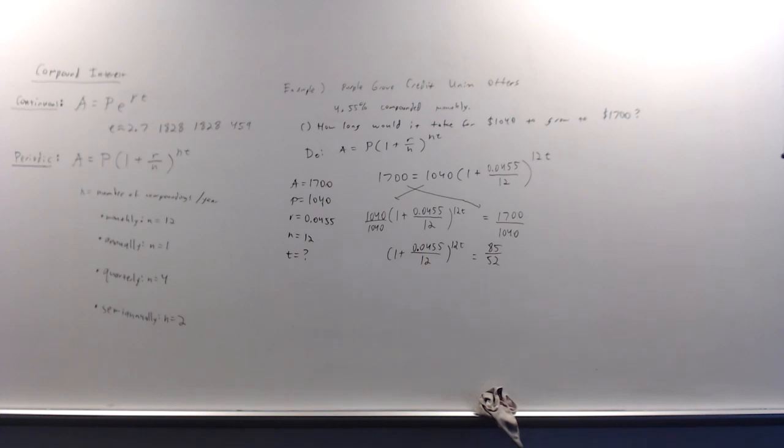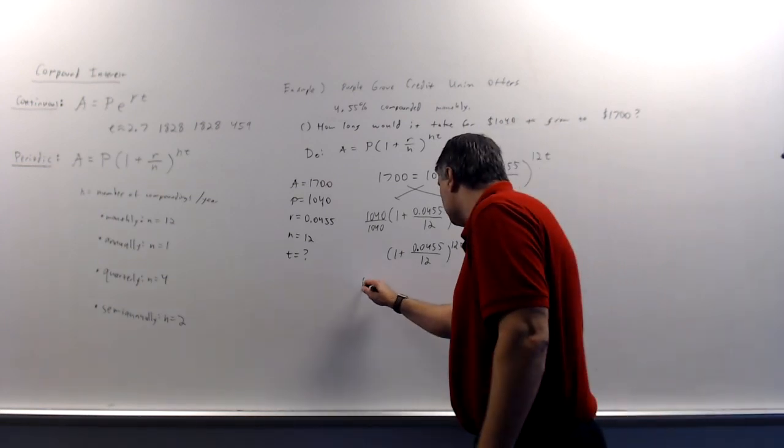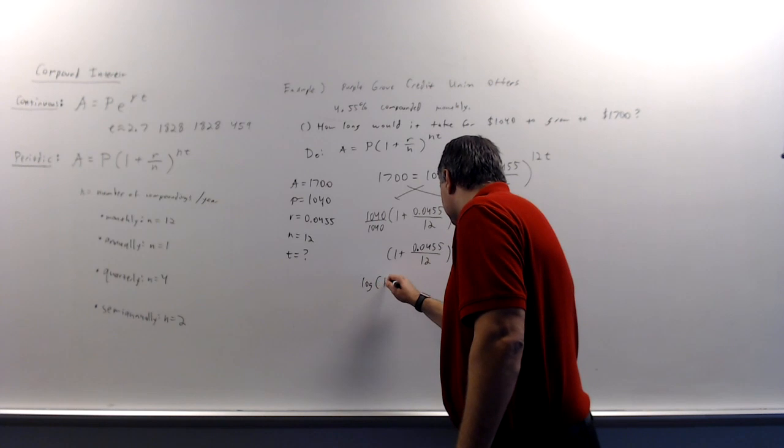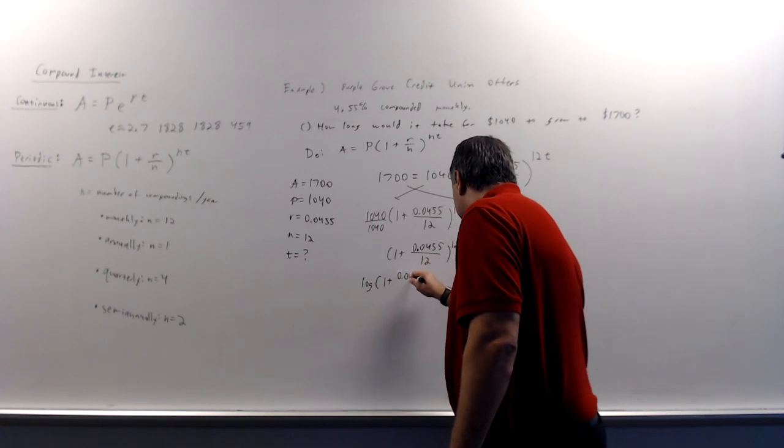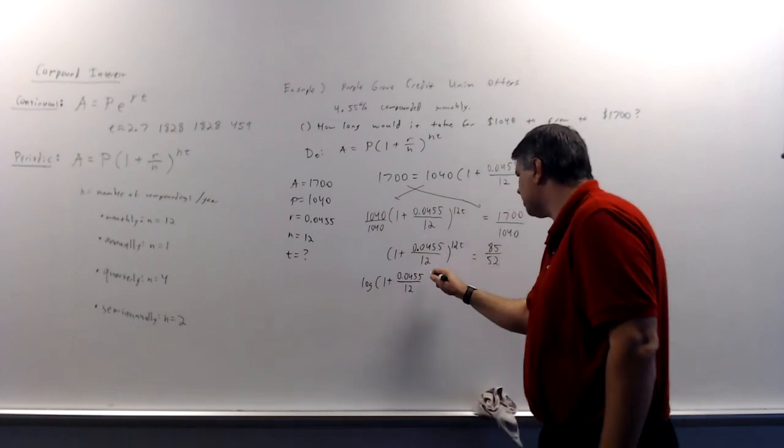Okay. I want to get this t out of the exponent. So I'll take the common log. Since it's a base other than e, I'll use the common log.